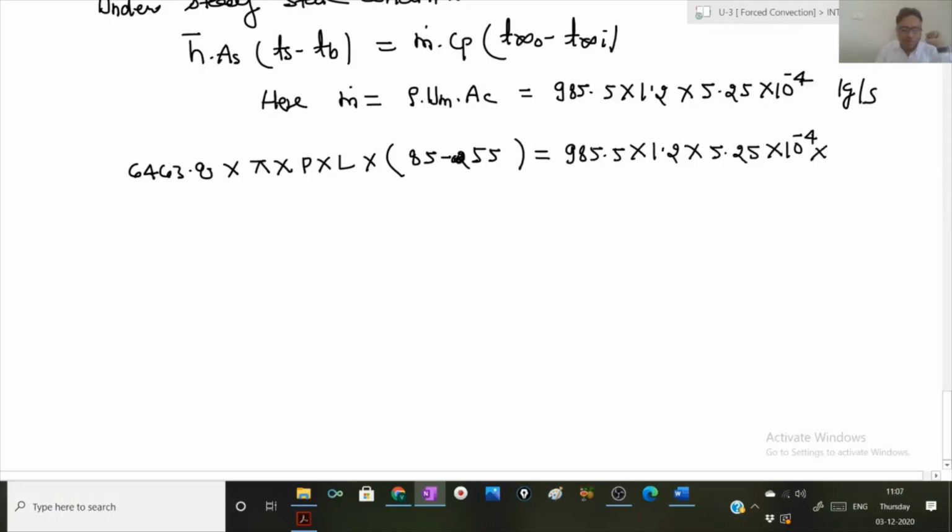Value of Cp is 4180, and outgoing temperature is 70 and inlet temperature of water is 40.